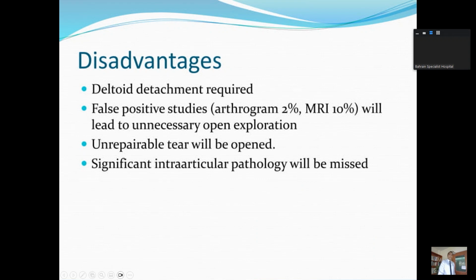However, with newer techniques, there is a mini open repair where the deltoid need not be detached. In cases of false positive MRI, this can lead to unnecessary open exploration. Significant intra-articular pathology like a SLAP tear will be missed in open repair because the region of the SLAP, the attachment of the biceps, is not visible.